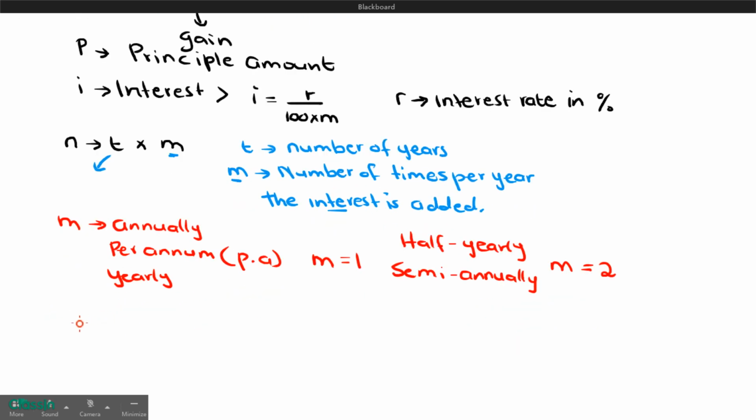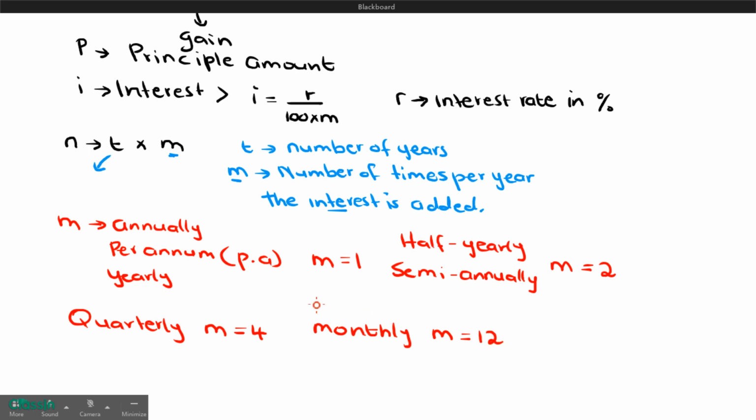Now they can say that the interest is added quarterly. How many quarters do we have in 1 year? It means that our M equals 4. If they say that the interest is added monthly, this means that our M equals 12.